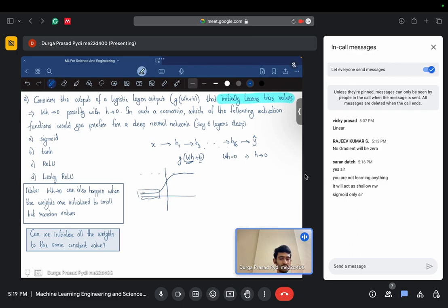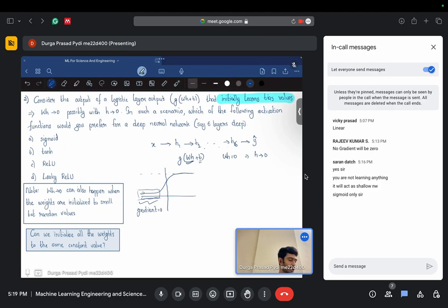So h is basically the output from the previous layer. If h is tending to 0, it means that in all the previous layers the values feeding the sigmoids are extremely large, so that the output is becoming 0, h is becoming 0. So in this particular region, your gradient becomes 0. So all those layers will not be able to learn anything further, and that is why you are getting stuck in sigmoid. So why do you think tanh doesn't have this problem?